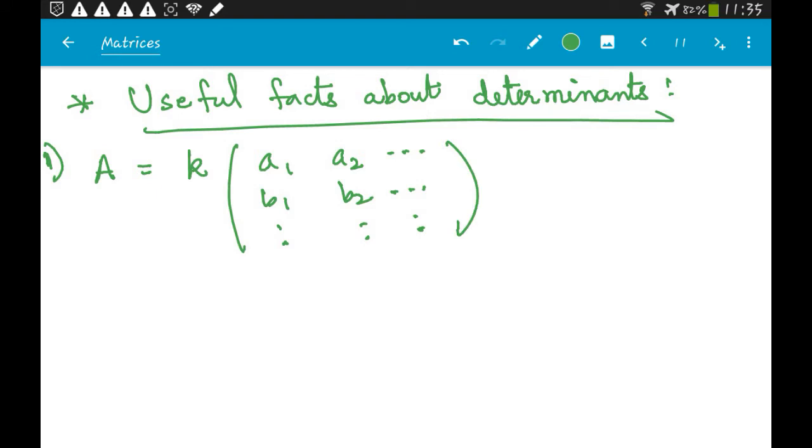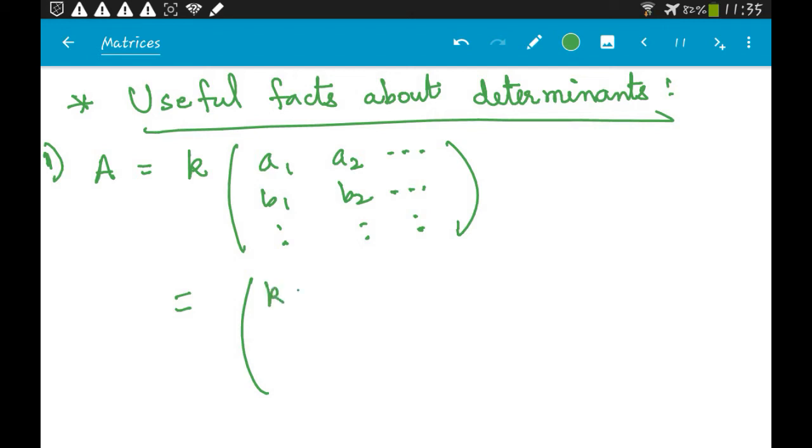Let's say there is a K factor multiplying this matrix. So basically you multiply this factor K with every element in the matrix.